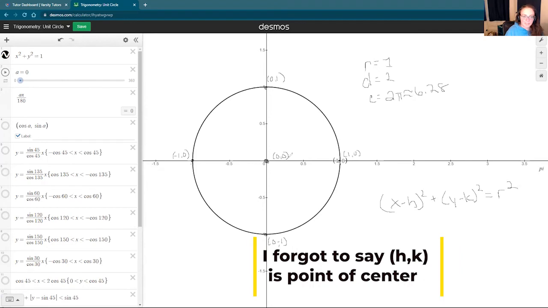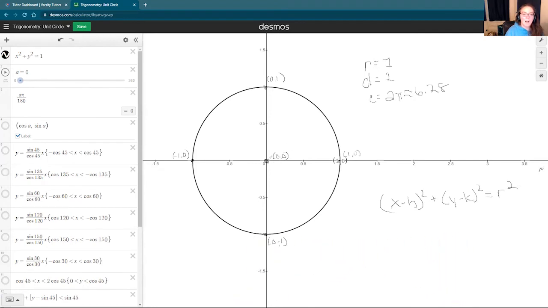In this case, our point of center is 0, 0. So it's going to be x minus 0 squared plus y minus 0 squared equal to radius squared. So this is really x squared plus y squared is equal to radius squared. I know radius squared is 1 squared, but just hang out for a second. We'll just leave it like this.